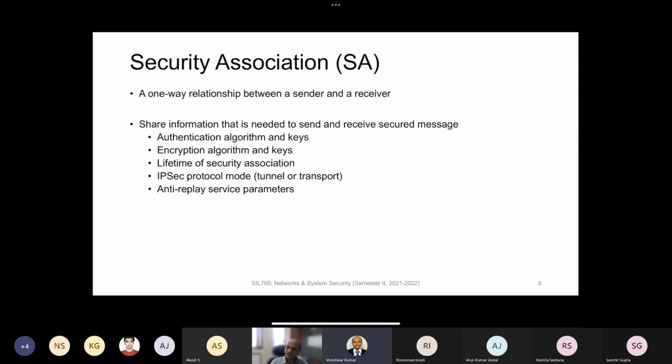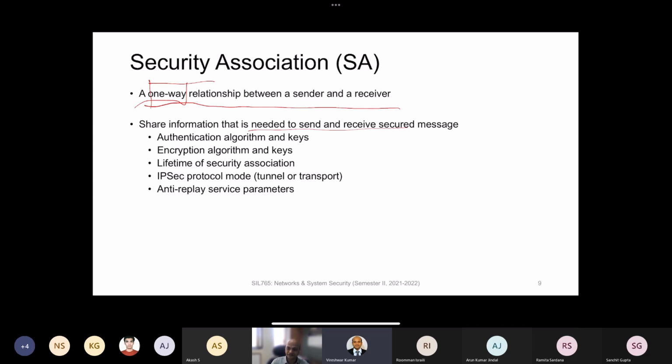Okay, so now the security association database. Again, a security association is a one-way relationship. It is important to notice that it is just a one-way relationship, so they always come in pairs. The sender and the receiver will establish two security associations in order to communicate packets among themselves. What are the features of a security association in the security association database?